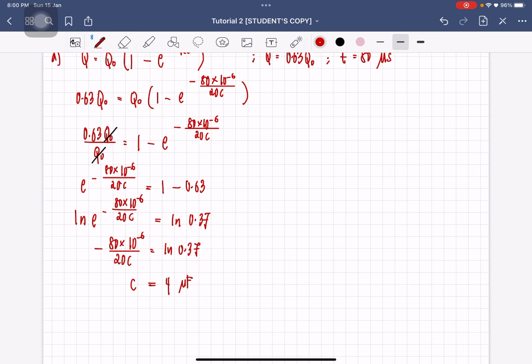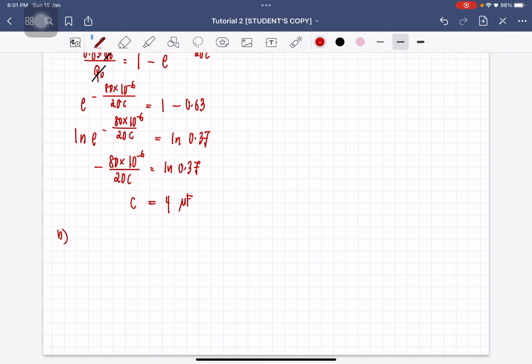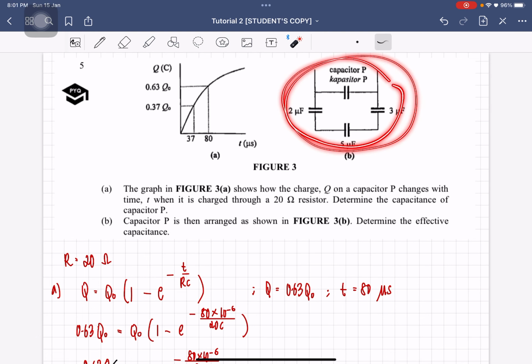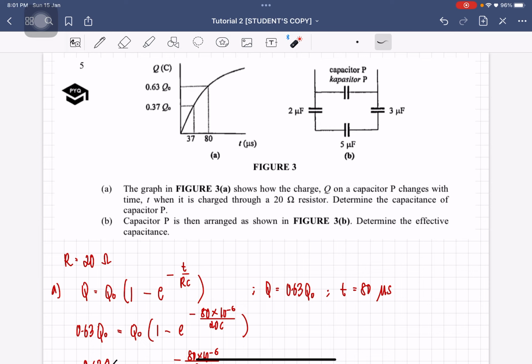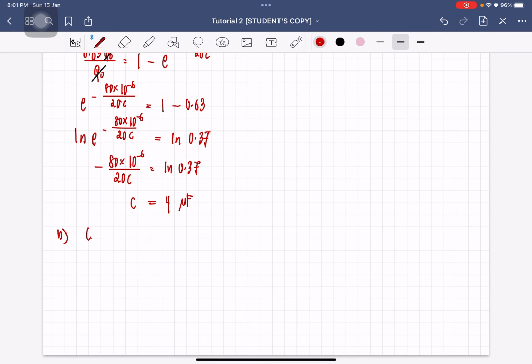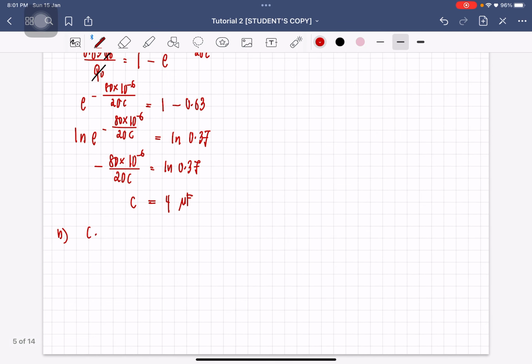Alright? Okay. Question B, it asks us to determine the effective capacitance when it is rearranged like this. So what we will do is first we simplify these three here because all of these three are connected in series. So it's easier. So it's going to be, oh wait, what do I call it? C235.